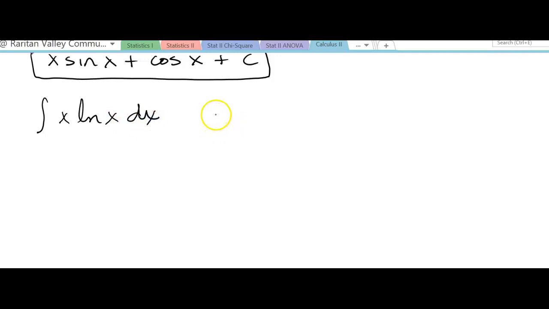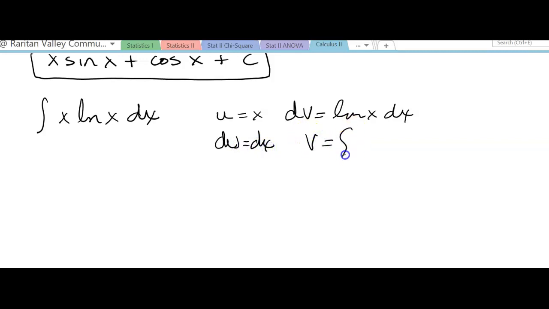Everything we've done so far, we said, hey, let u equal x, let dv equal ln x dx, easy. du equals dx, and v equals the integral of ln x dx. Uh-oh. So here's the problem.